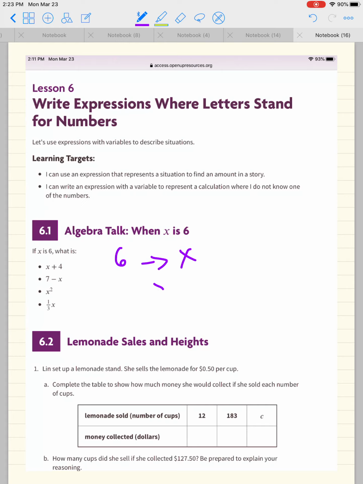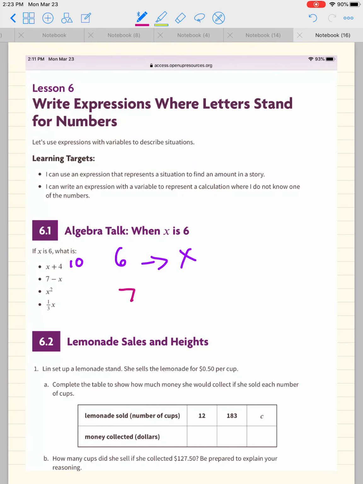So for example, the first one says x plus 4. If you plug a 6 in right here, you now have 6 plus 4, which is equal to 10. Go ahead and try the rest on your own and unpause the video when you're done.